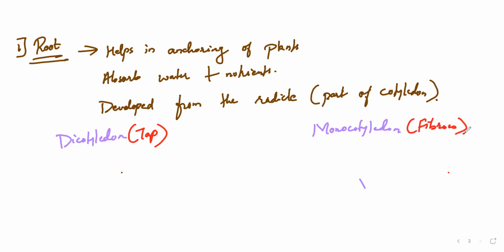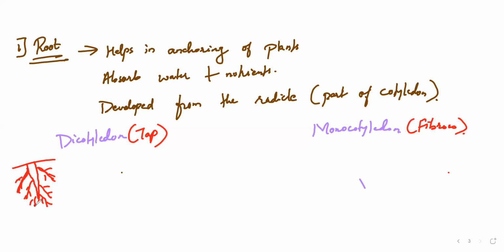Fine. So now what is this taproot and fibrous root? So taproot will be somewhat like this. Okay. Will be again having small roots like this. Root hairs. So this is generally what? Taproot.